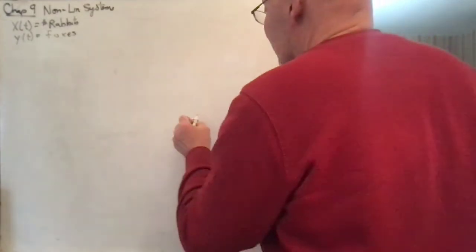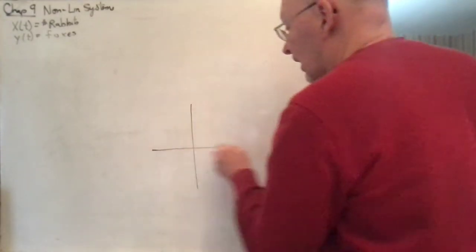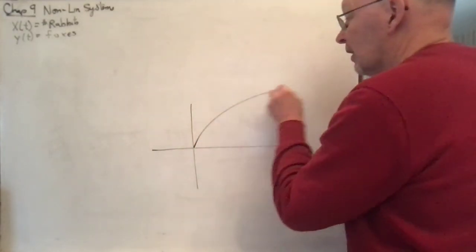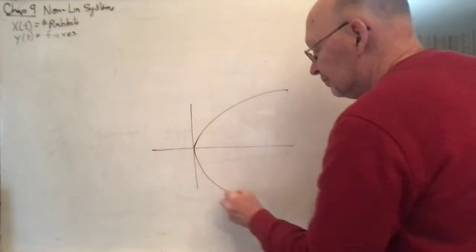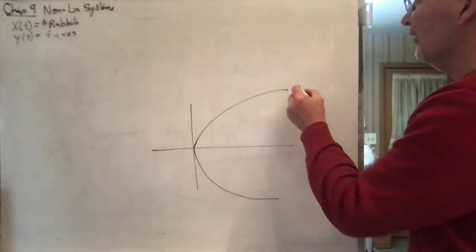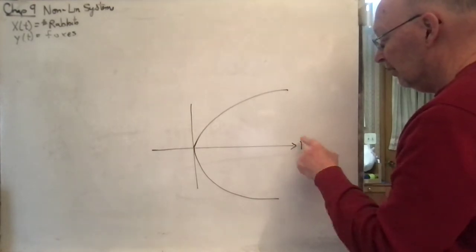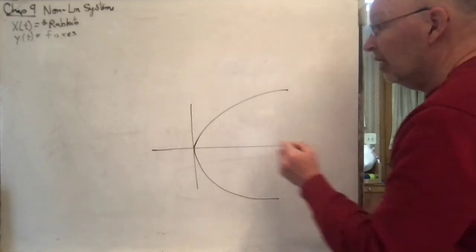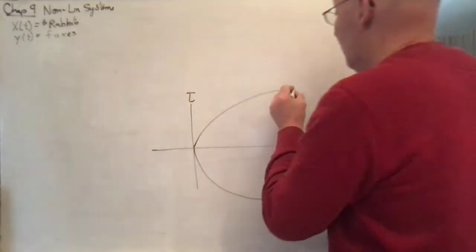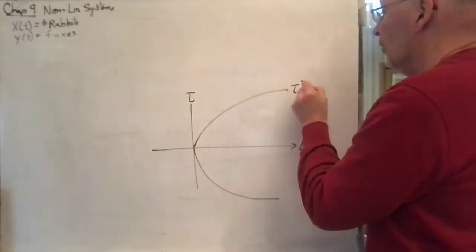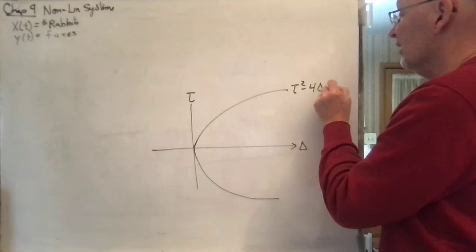And so let's look at this diagram that we had back in chapter 8, I guess it was. This axis is delta, and this is tau. This is the parabola tau squared minus 4 delta equals 0.